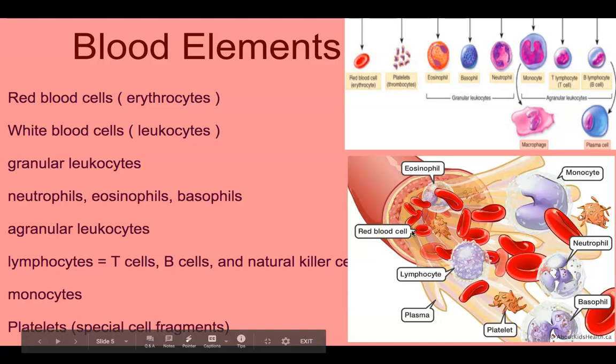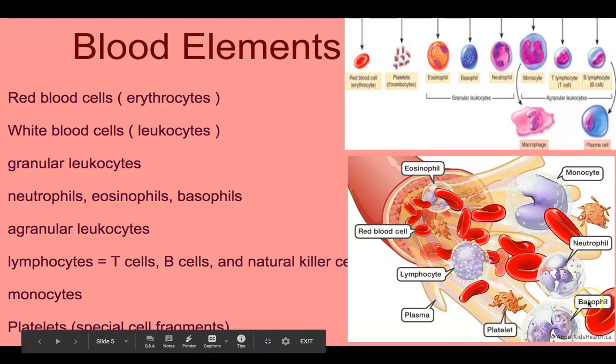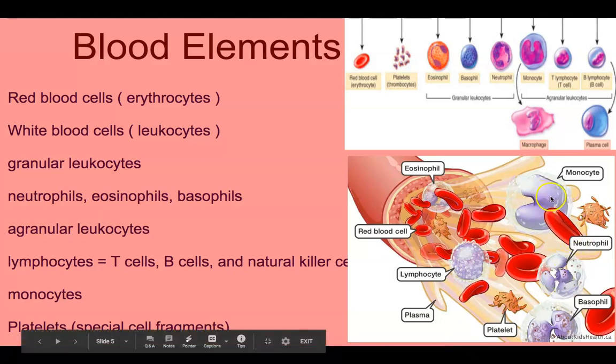So the blood elements are red blood cells, that is erythrocytes, and white blood cells, that may be granular leukocytes. Granular leukocytes may be neutrophils, eosinophils and basophils. And there may be agranular leukocytes, that means lymphocytes, that is T cells, B cells, natural killer cells, and monocytes.